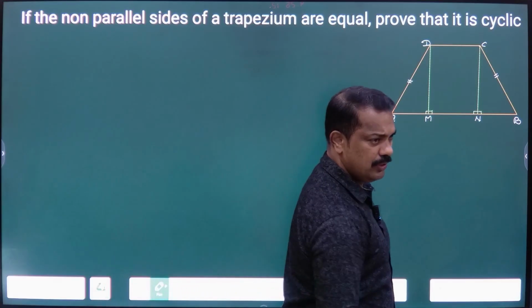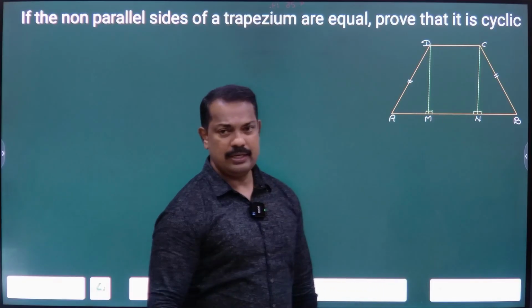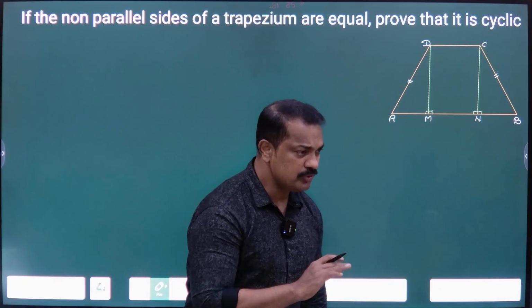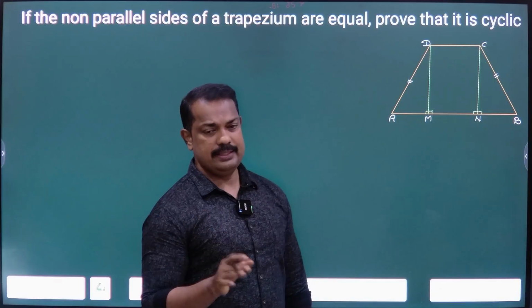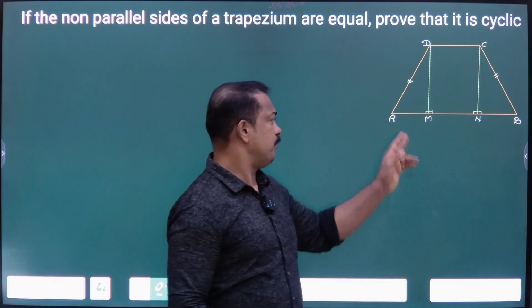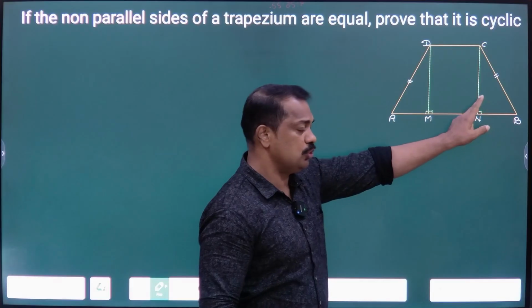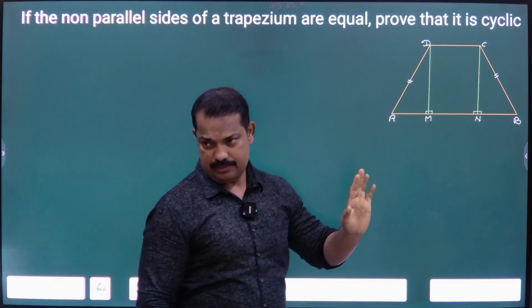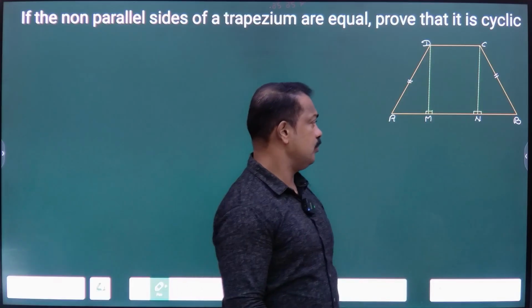Listen. To prove it is a cyclic quadrilateral, you want to prove the sum of the opposite angles is 180 degrees. The first step, you want to prove these two triangles congruent. So first, proof.